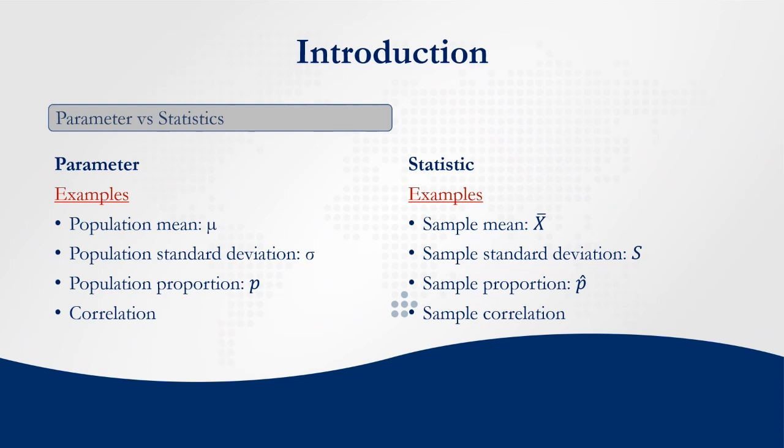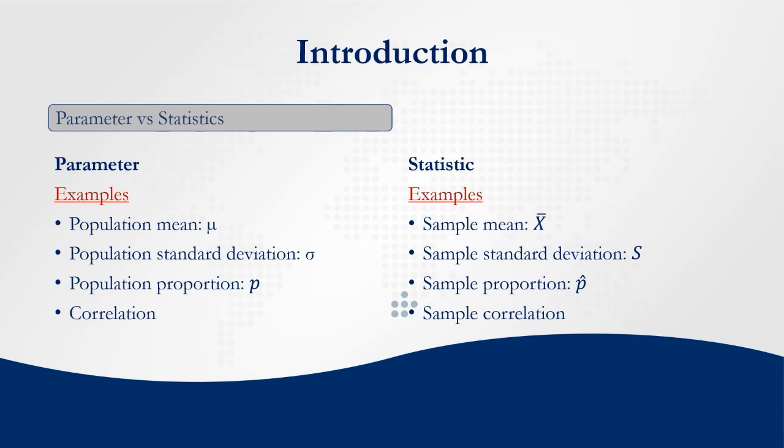I think understanding this also helps you when you go through statistics material to be able to differentiate the different symbols that are being used. It makes more sense when you know that when we talk about a population mean, we denote it using mu.